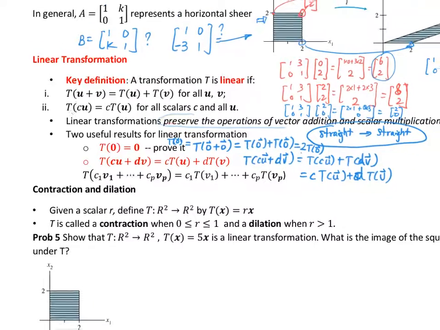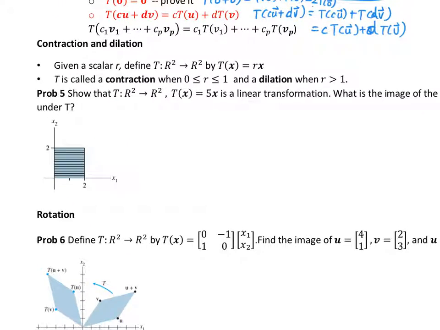Now, let's take a look at two other transformations. The first one is called contraction, and it is defined by this: T of x equals r times the vector x, where r is a real number.